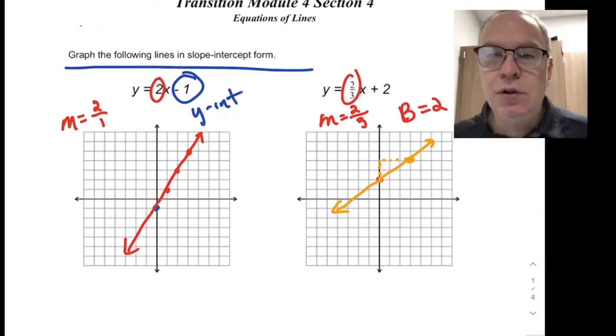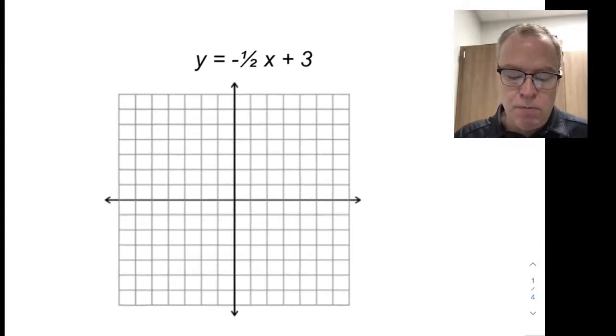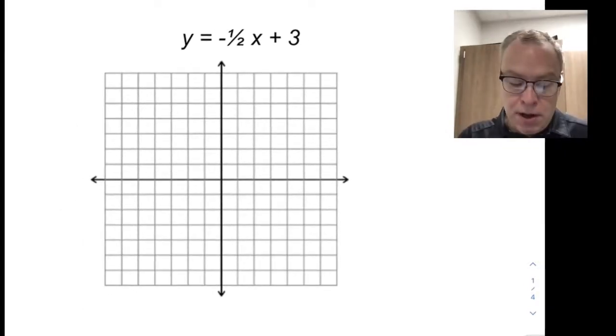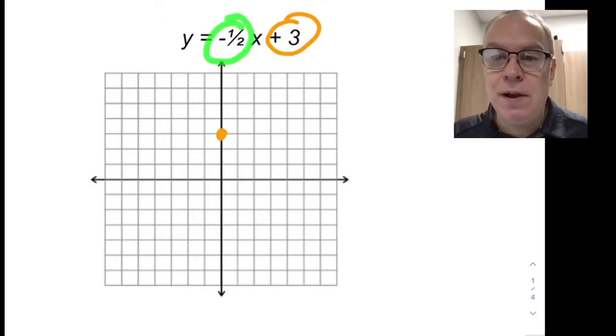Now, I want you to notice that both of these lines were up and to the right, and that was because it was a positive slope. However, this next example is actually a negative slope. So this one is going to be a downhill line, actually. We're going to go up 3, put a dot, and then this slope is -1/2.